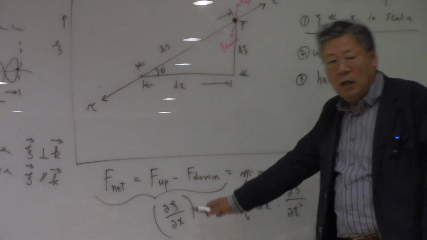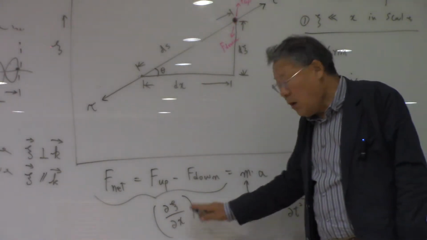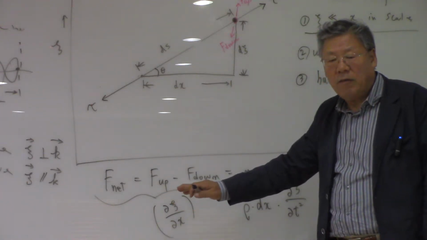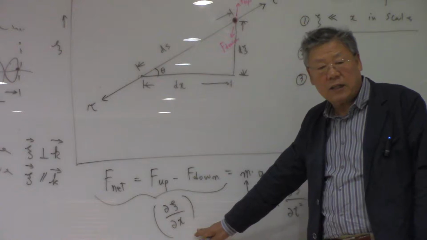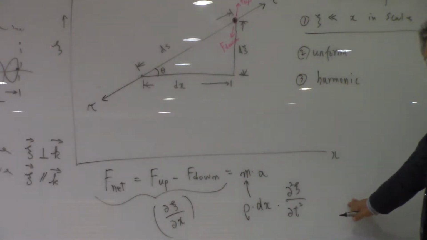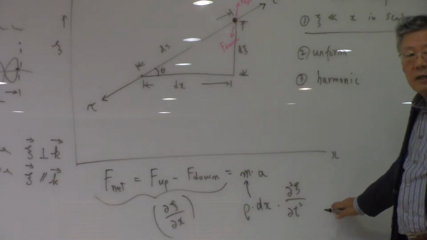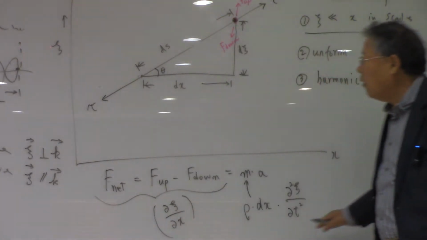Then we have a general expression for the wave, because one part is the differential of the displacement with respect to the distance x, and this part is going to be the displacement with respect to the time. So that is the general expression for the wave.